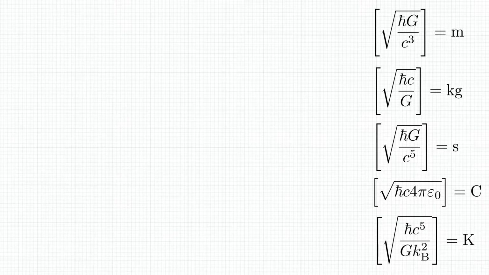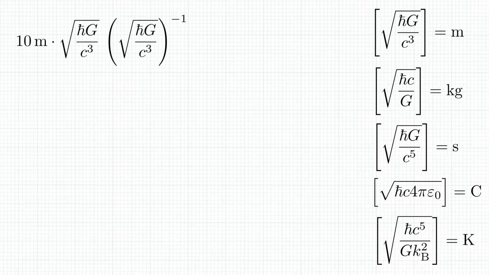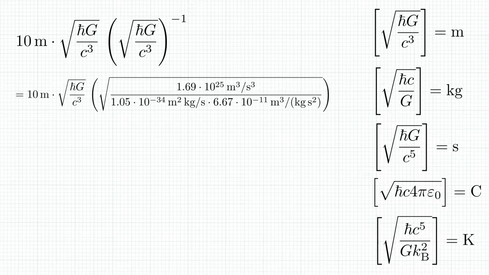Converting a quantity from SI units to Planck units now works just like before. Write down the quantity in SI units and multiply by the expression for that unit and its inverse, effectively multiplying by 1. We didn't change the quantity by this. Now remember that we would like to obtain a dimensionless number, so take the inverse factor and write out values and units of the constants in that factor.